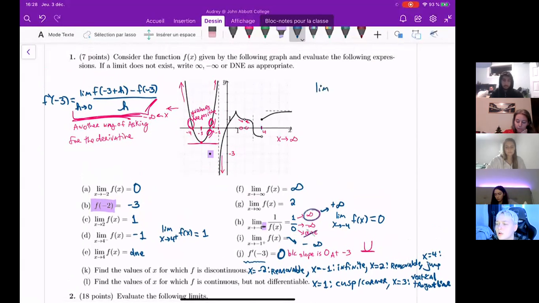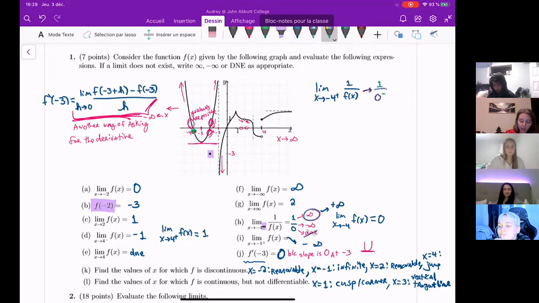Because it's negative, but then it also becomes positive. Okay, so if I were to do -4 from the right, then I would be looking literally just at that place to the right of -4. So like right there, do you see where I just drew that colorful dot? Okay, are my y values there positive or negative? They're negative. So what that means is I have 1/0, but I can think of that as a -0. So then this would be negative infinity.